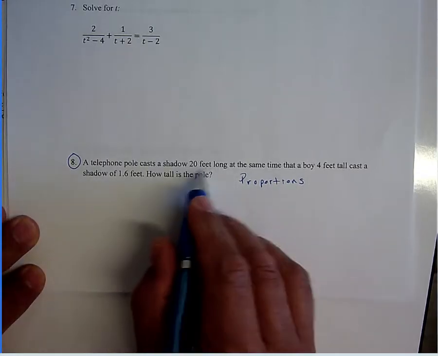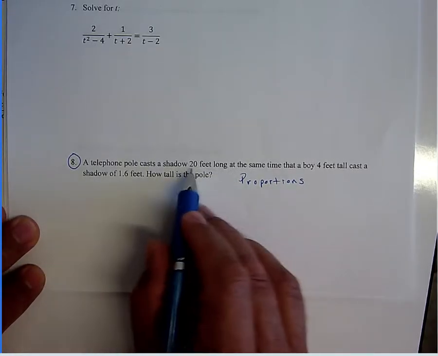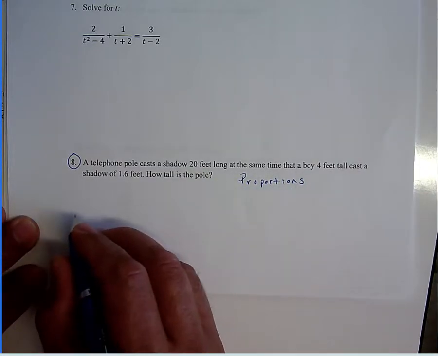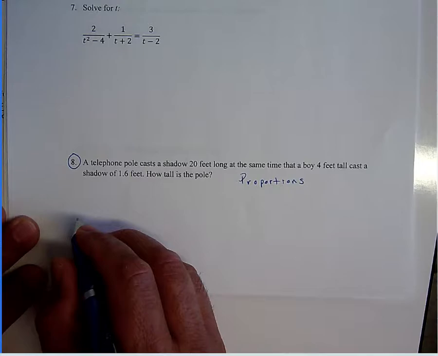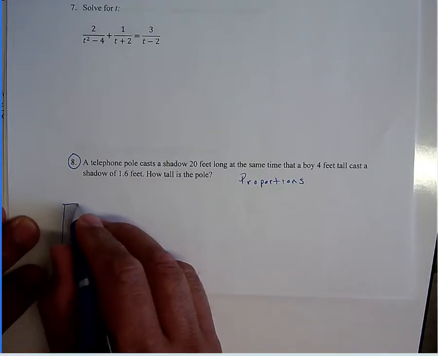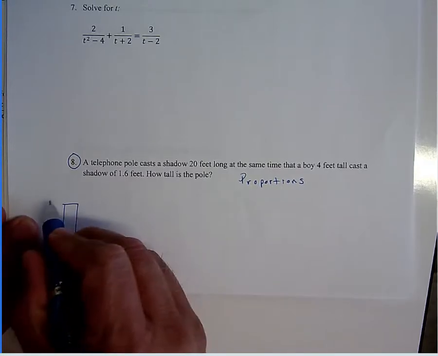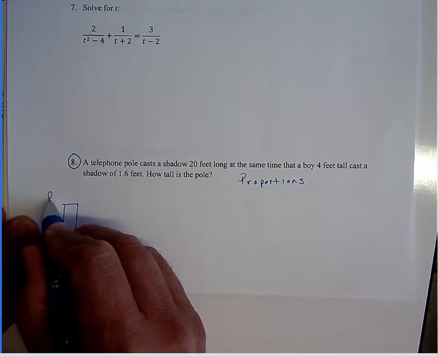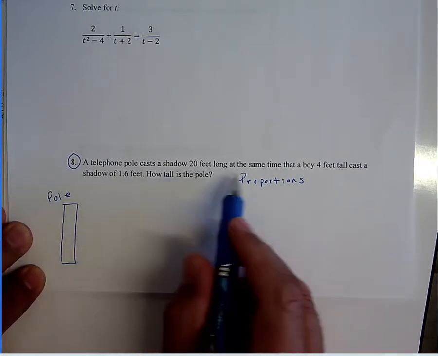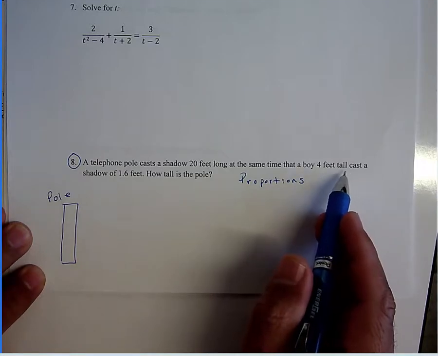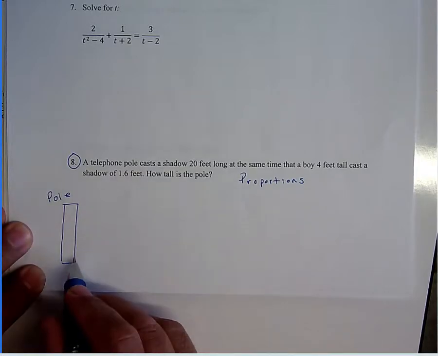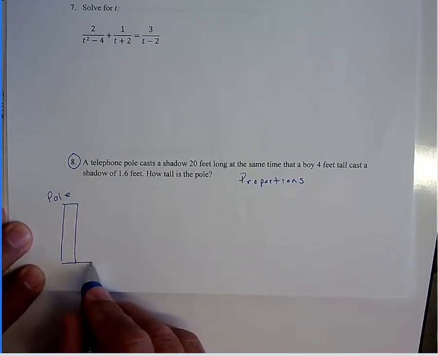Okay, first I'm gonna draw the diagram for the pole. So that's a pole. It says the telephone pole has a shadow of 20 feet, so the shadow would be on the floor.